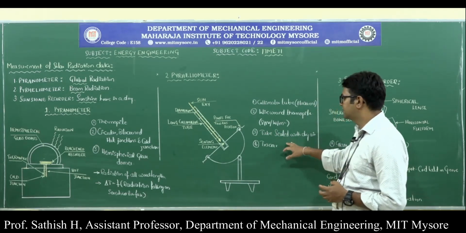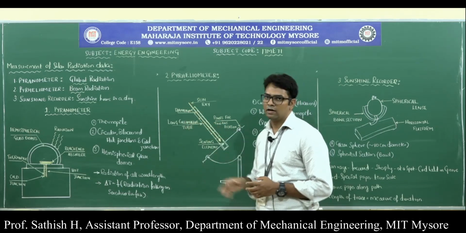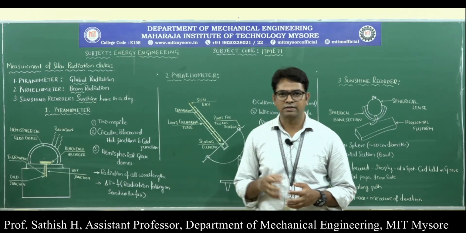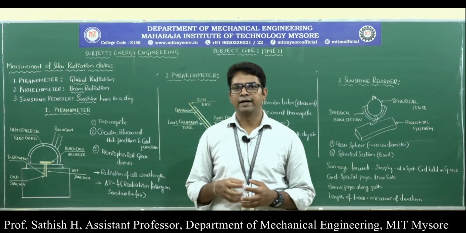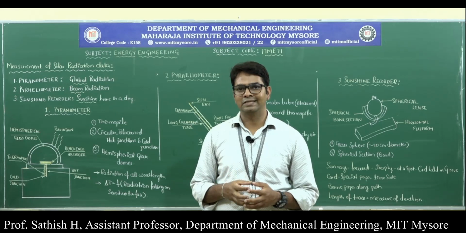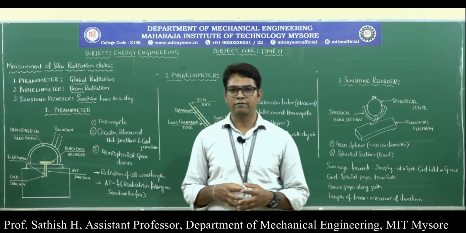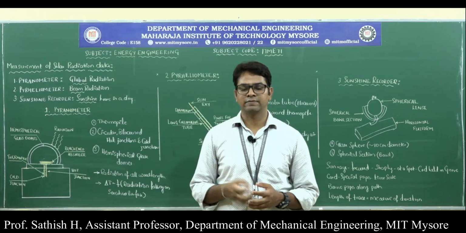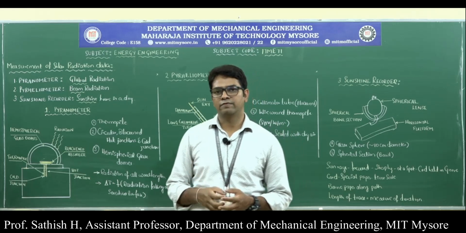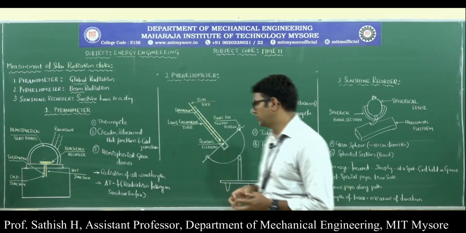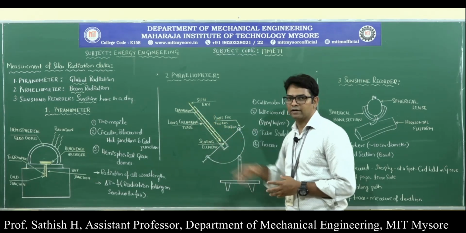The whole long collimator tube is sealed with dry air, in order to avoid absorption of the radiation by water vapor. There might be some water vapor present inside the collimator tube, so to avoid absorption of radiation by the water vapor, we use dry air as a sealing material inside this tube.